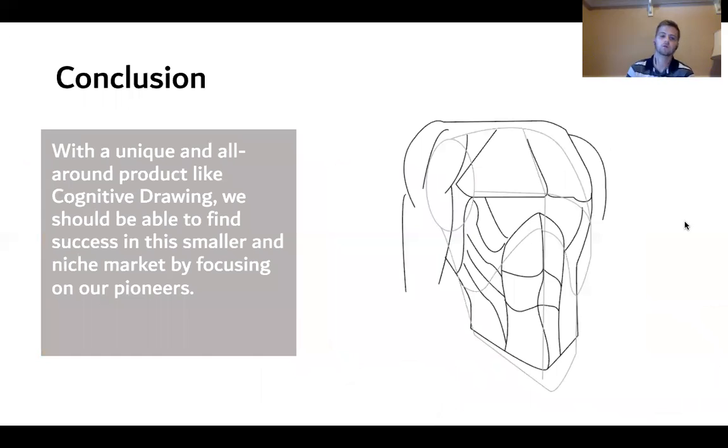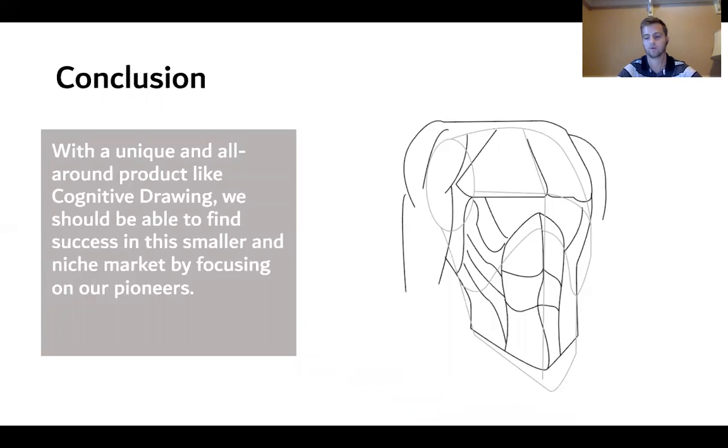So overall, we think that with a unique and all-around product like Cognitive Drawing, we should be able to find success in this market, in the smaller market, by focusing on those pioneers. We think that Cognitive Drawing will not only stick out for our campaign and what we believe we can do for it, but also because of what's in the book, in the content itself.